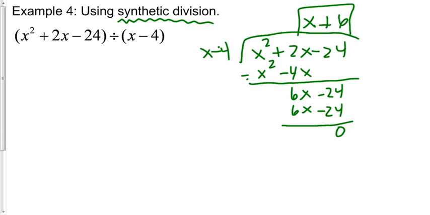This other method called synthetic division works a little differently. When you use synthetic division, you don't use the variables at all. We use the coefficients or the numbers in front of the variables. Okay, so you want to start with the trinomial here. The coefficients are 1 for the x squared, 2, and negative 24. So you're going to list just the numbers, 1, 2, negative 24.